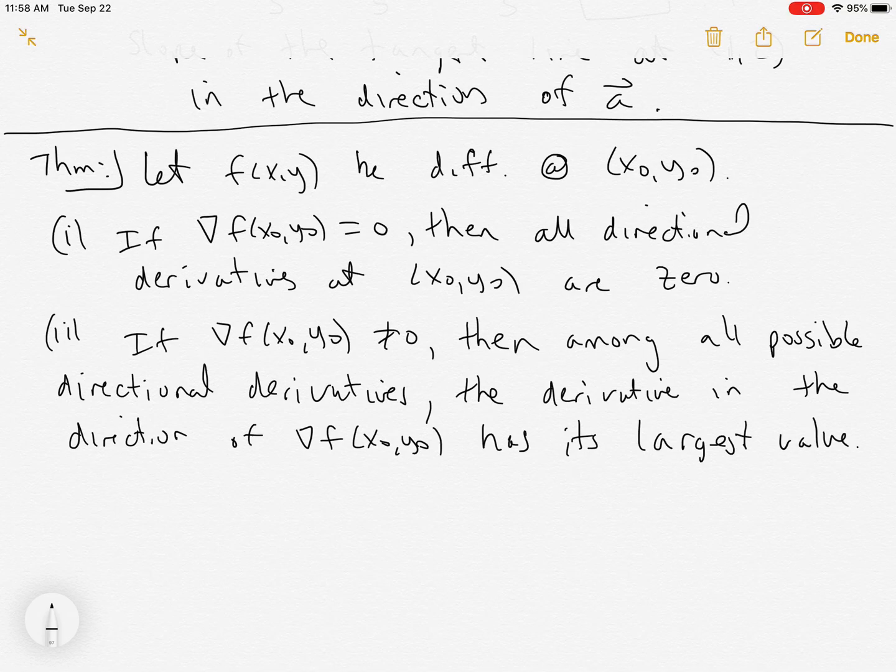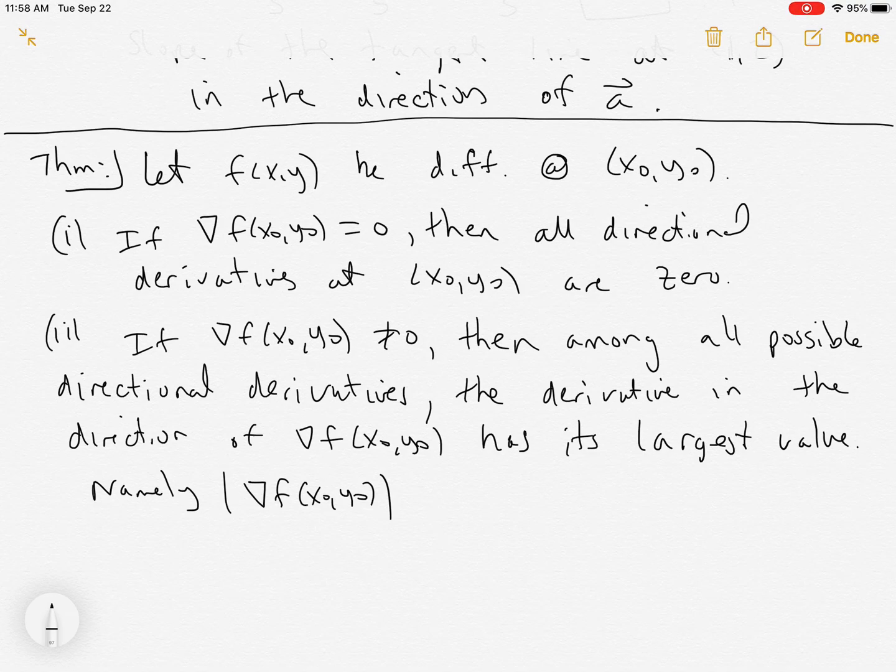Let me read this again. If the gradient vector is non-zero, then among all possible directional derivatives, the derivative in the direction of del f has its largest value. And namely, you actually get a number here. It's the norm of del f.